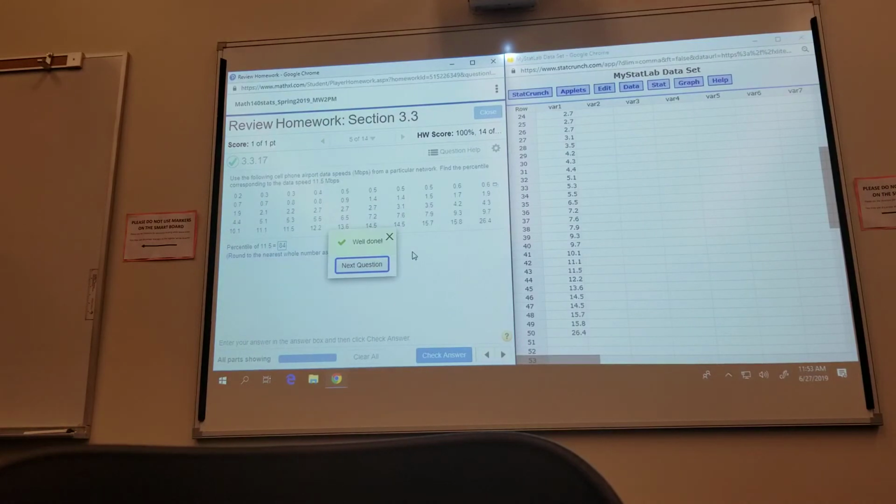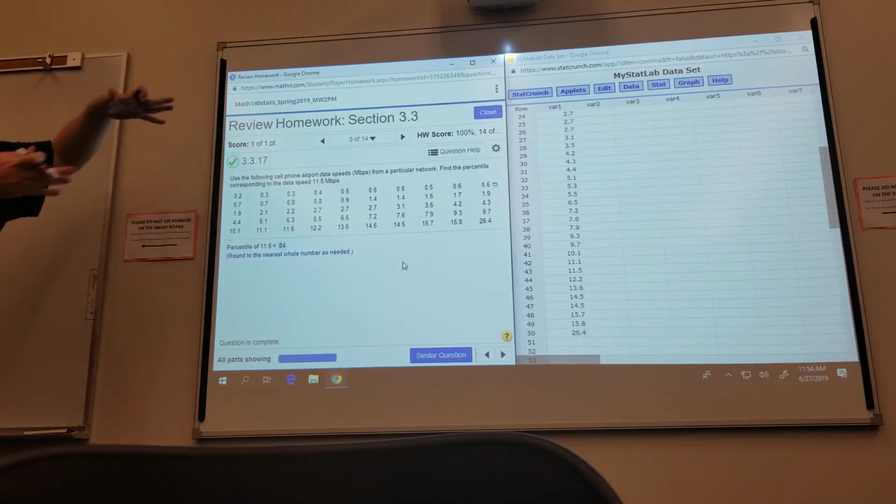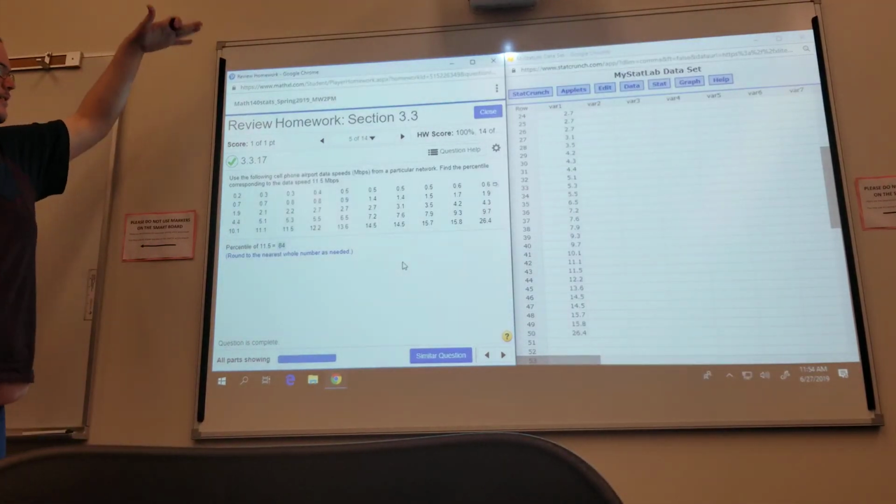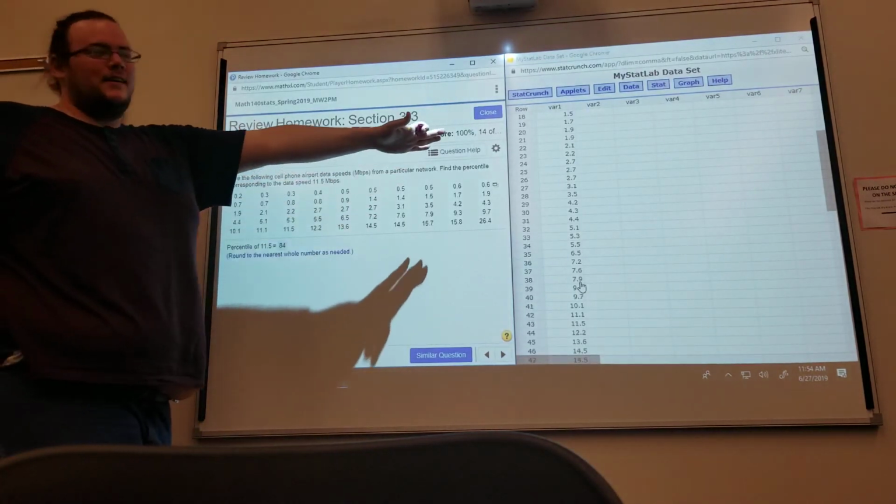So, we're looking for the percentile of, so percentile, we're looking for this number of 11.5. So, first we have to get all of this data into a nice, easy, lookable thing, which we did here.